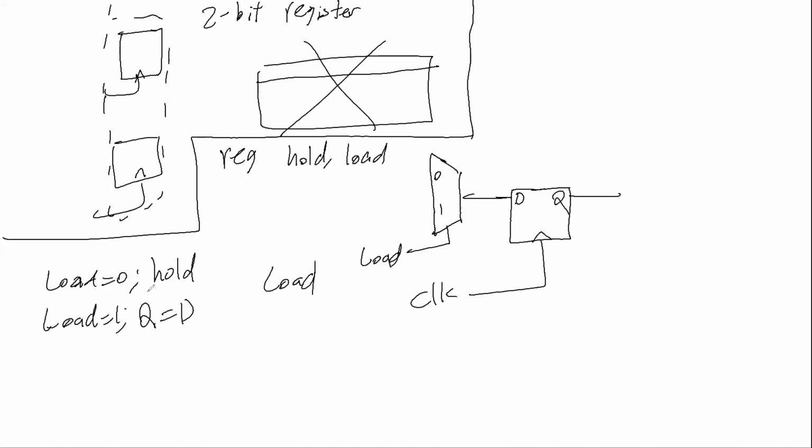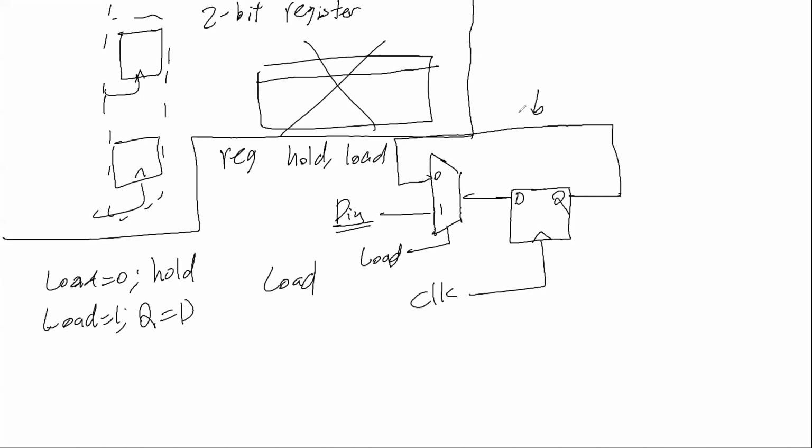So if load equals 0, I want to hold, that means I'm rewriting the value of Q to the same flip-flop, so I have to route Q to the input 0. And for input 1, if I want to load the new data, I will apply it to Dn, make load equal 1. That means on the next clock cycle, the flip-flop will read the value of Dn.